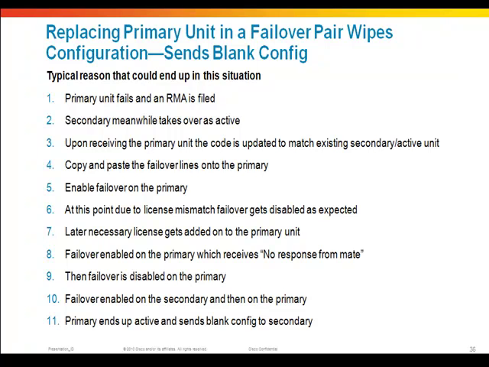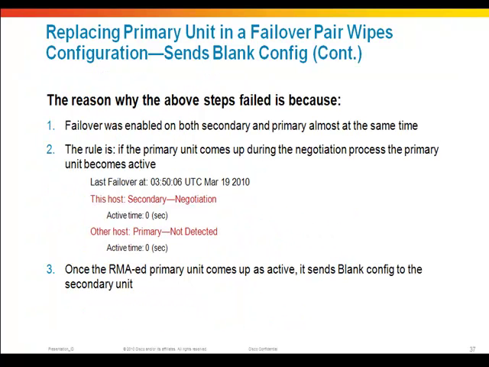So they quickly go back and enable failover on the secondary, and then almost immediately they enable failover on the primary as well. So this situation ends up with the primary unit sending its blank config over to the secondary.